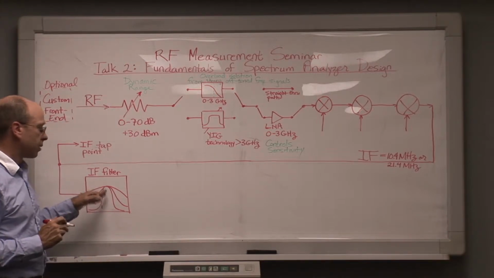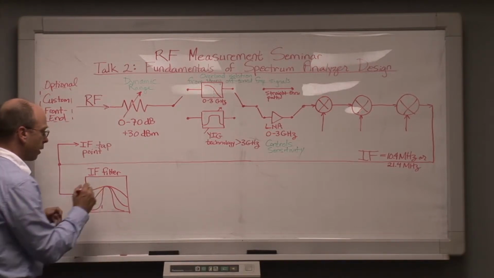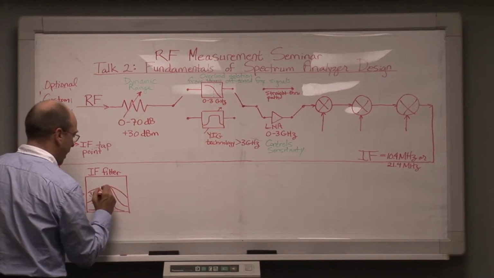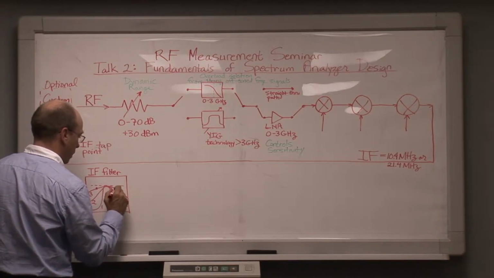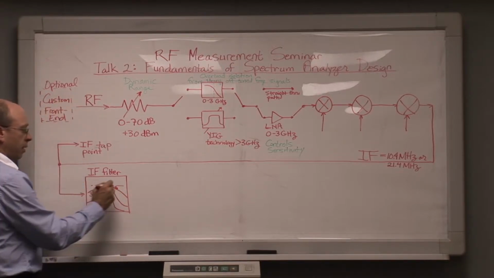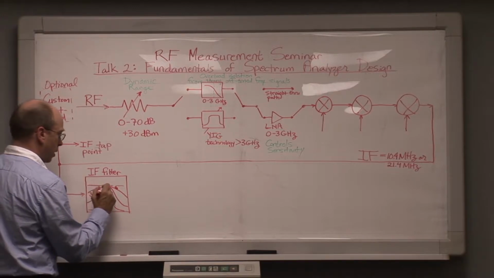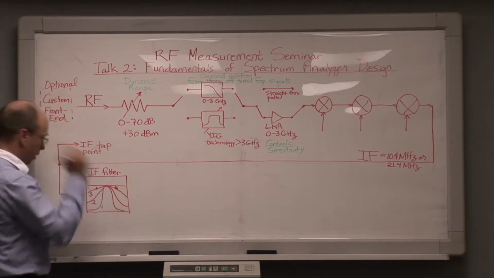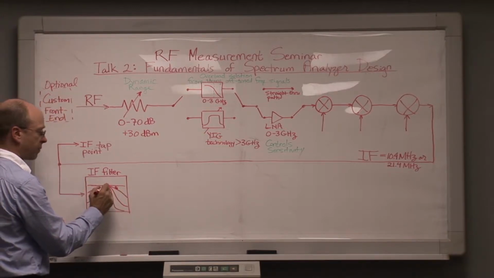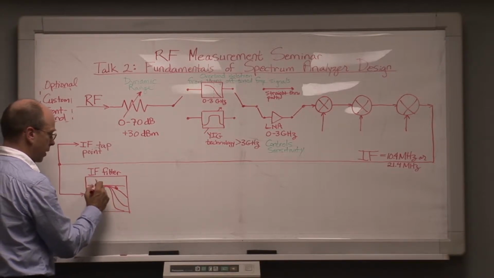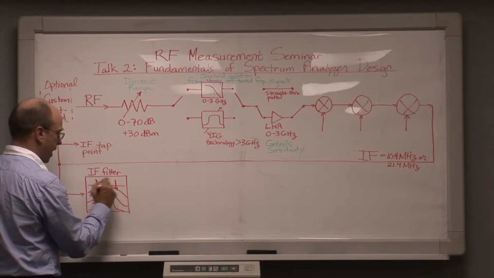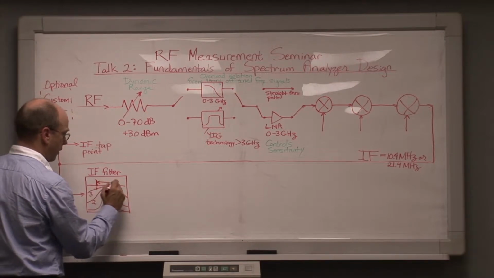The bandwidths that are specified for the spectrum analyzer are in fact specified at the 3 dB points, at the points where the filter's shapes fall 3 dB below the nominal maximum passband of the filter. We take the bandwidth, and this becomes the so-called bandwidth of the filter.